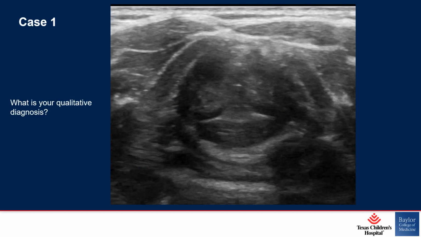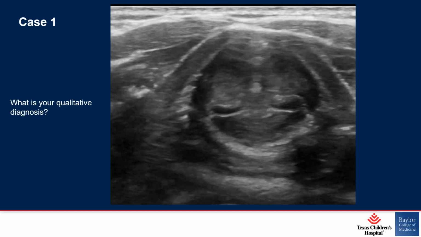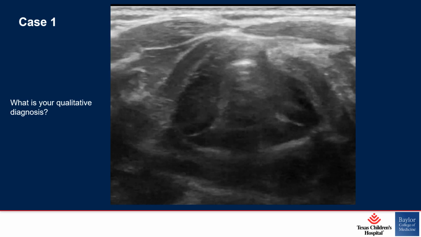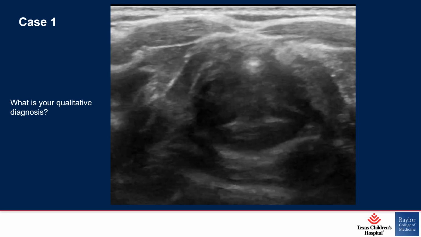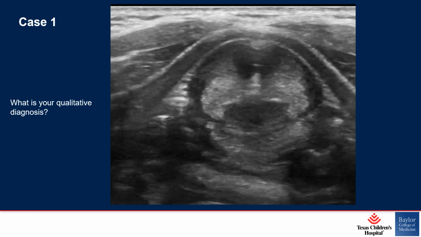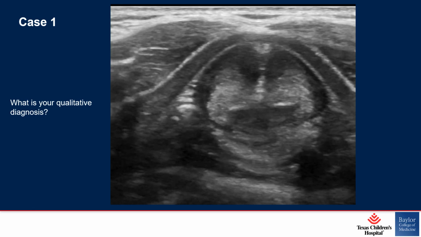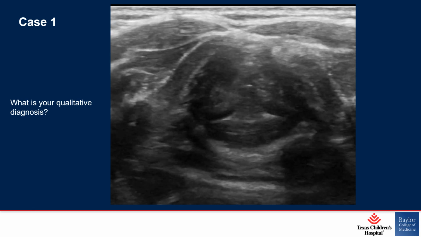Case 1. First, look at this laryngeal ultrasound and see if you can come up with a qualitative diagnosis. Does the movement look normal, or do you think there is a vocal fold movement impairment?